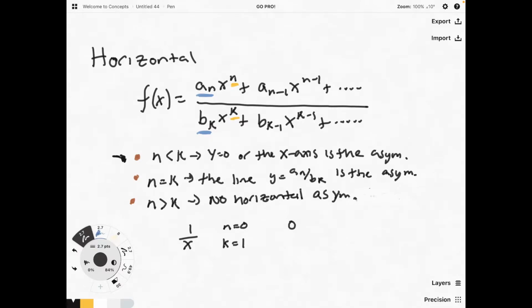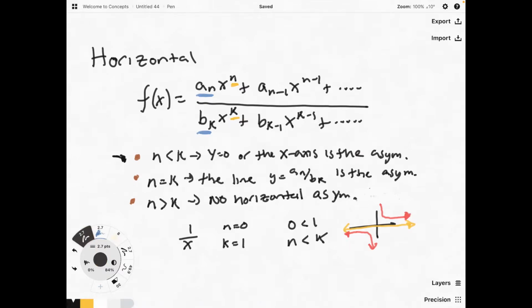Here, 0 is less than 1, so we have n less than k, which means we can use this first rule to state that y equals 0, which we know if we graph this, y equals 0 is this line here, is the horizontal asymptote. And looking at the graph that we had for 1 over x, we know that that is indeed an asymptote because it never touches that line there.